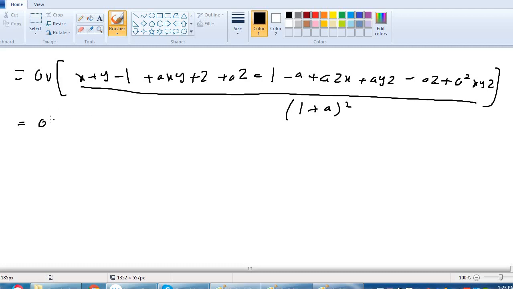We will see that we get 0 union. Again we see that here we can cancel the az. This is plus az and this is minus az.